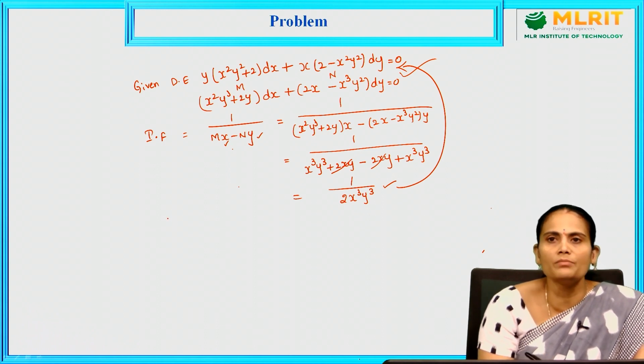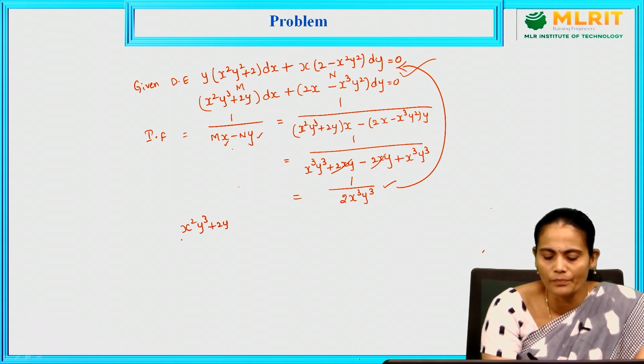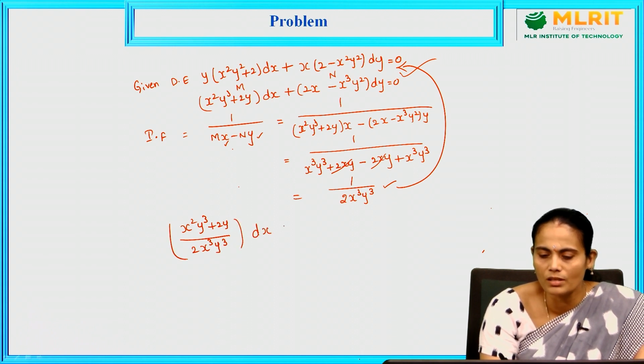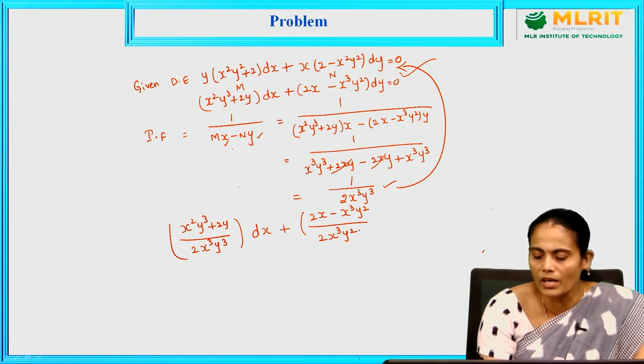So now see the multiplication: (x square y cube plus 2y) divided by 2x cube y cube into dx plus (2x minus x cube y square) by 2x cube y cube into dy is equal to 0.